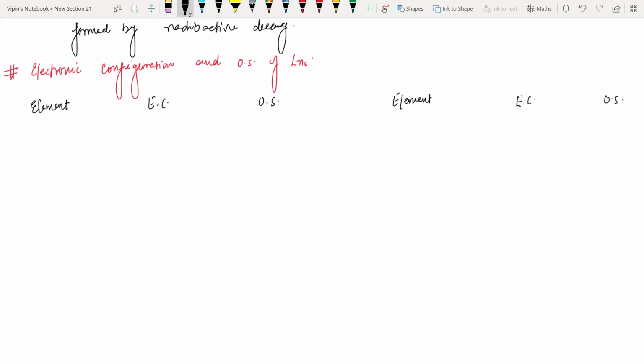Now I am writing the names of lanthanides using a mnemonic trick.